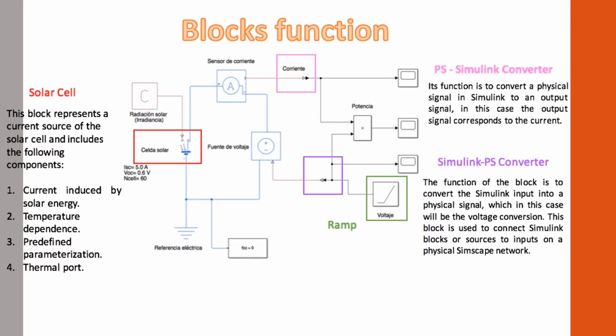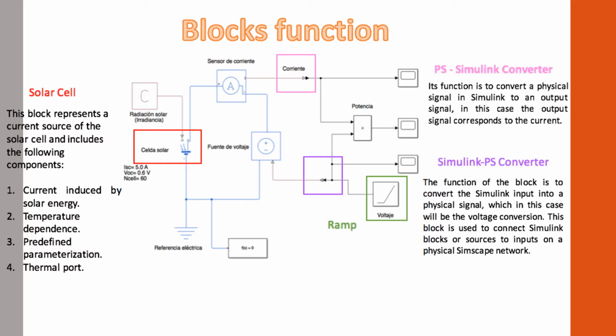Number 2. Temperature dependence. Temperature is a very important factor since various parameters of the cells depend on it. Internally, the block provides relationships between temperature, current and resistance, which are the parameters that can be modified according to what you want to simulate. Number 3.